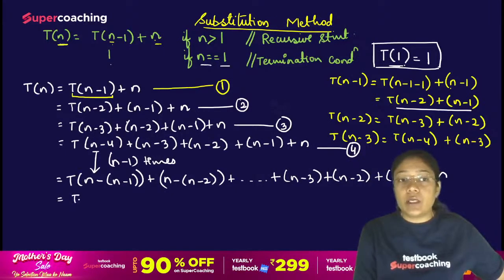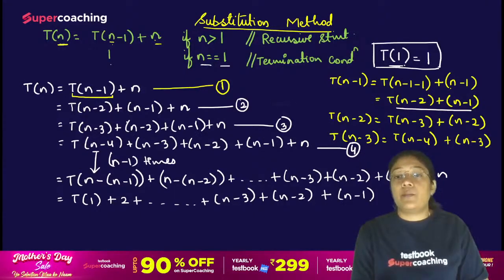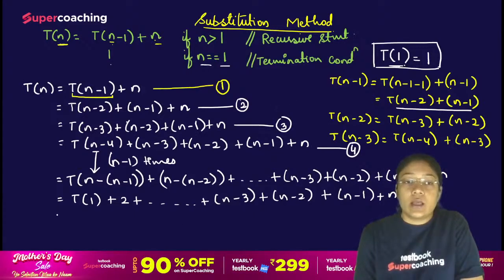It comes out to be t of 1 plus n minus n will be cancelled out. Minus and minus is plus 2, and so on up to n minus 3 plus n minus 2 plus n minus 1 plus n. Correct? Now, simplify this.